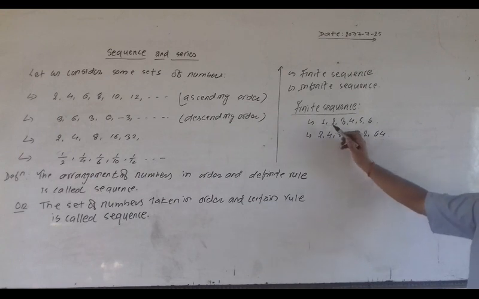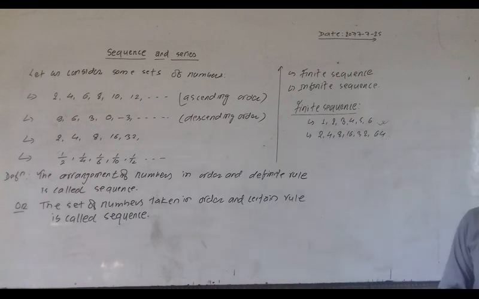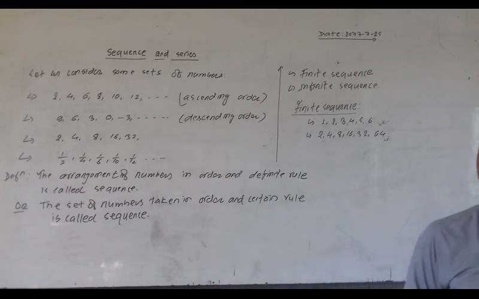Each has a countable number of terms. The sequence which has a countable number of terms, otherwise a finite number of terms, is called a finite sequence.